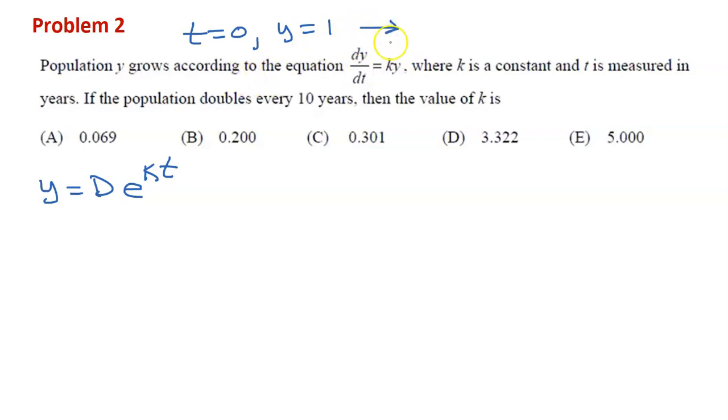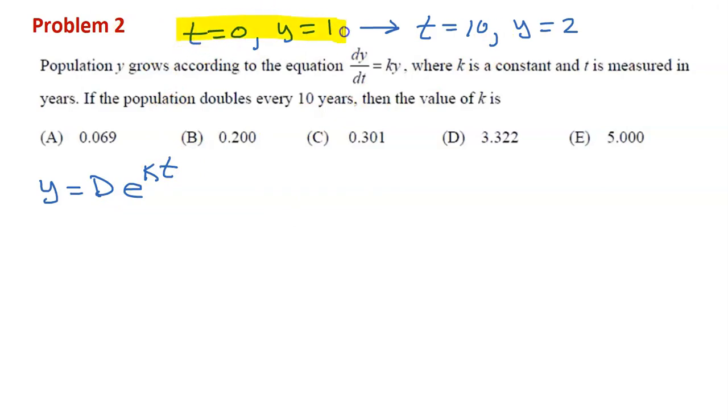In that case, 10 years later, we're talking about time t equals 10, the population will have doubled, so the population will now be 2. So let's use these numbers to help us set up equations and solve for k.